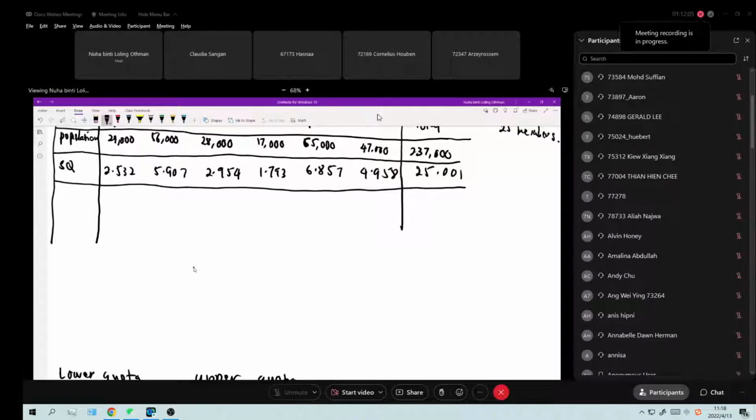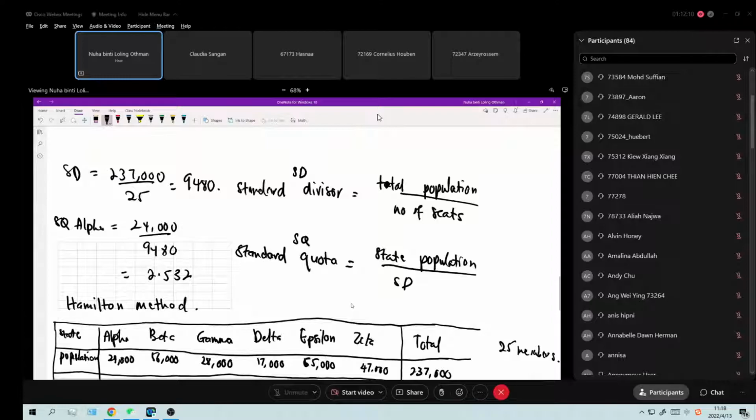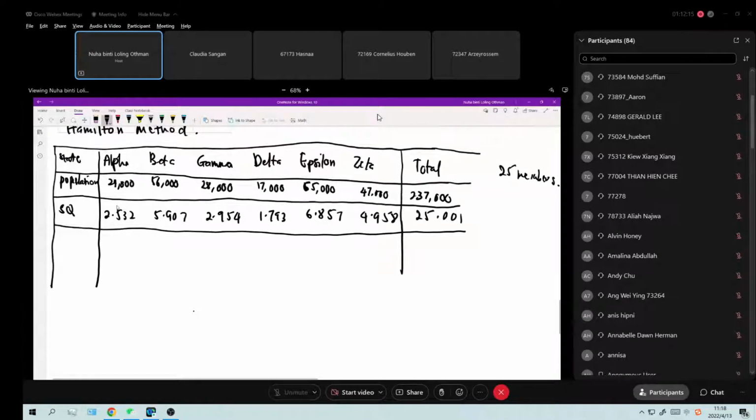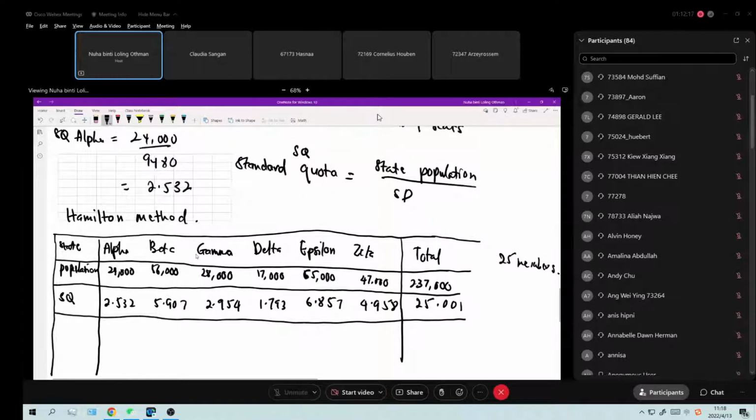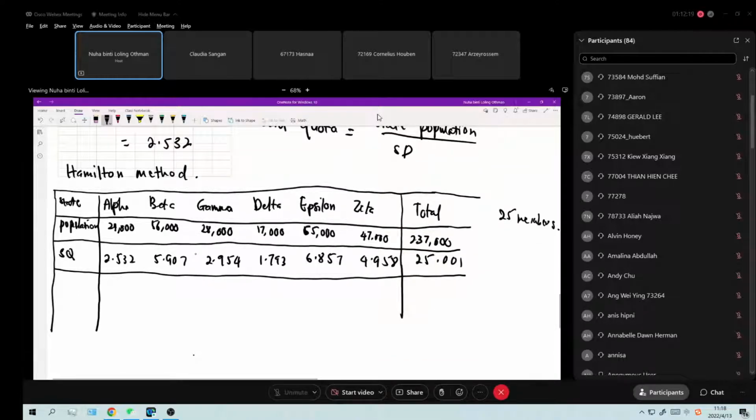So for the Hamilton method, what do you need to do? After you see the population here, you already found the standard divisor and standard quota. If you use the lower quota and upper quota, if you round down, this one becomes 2, this one 5, 2, 1, 6, and 4.